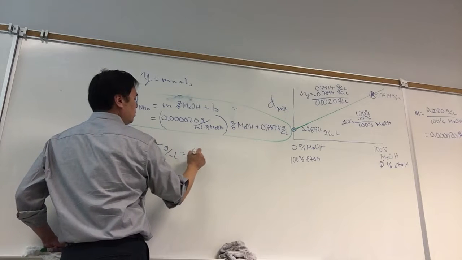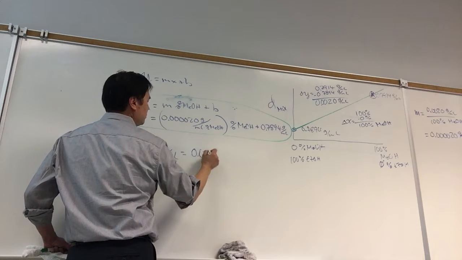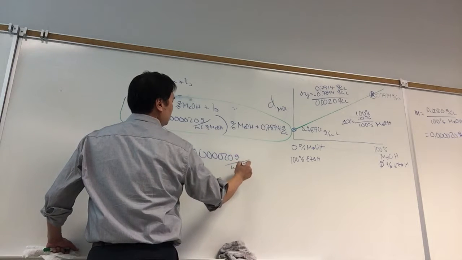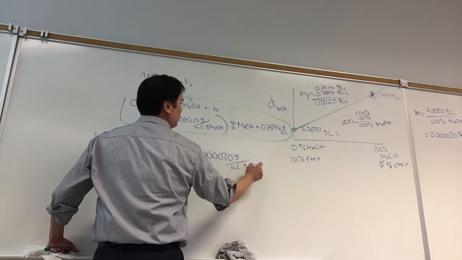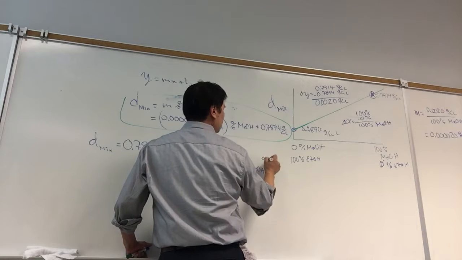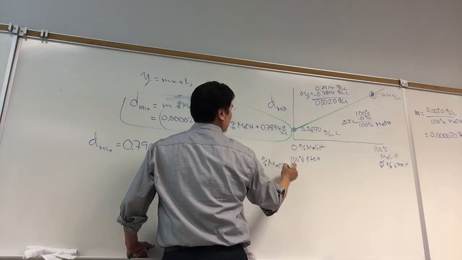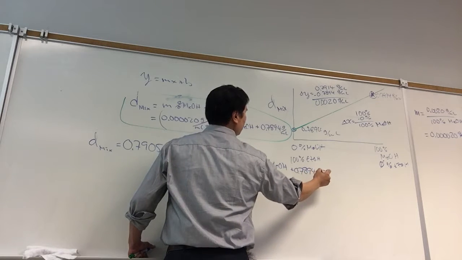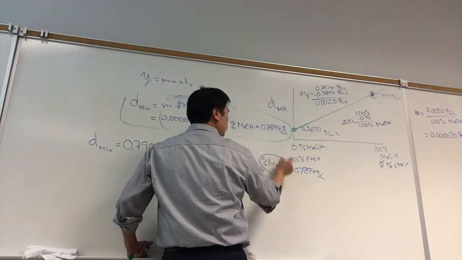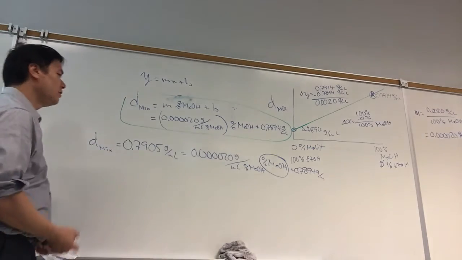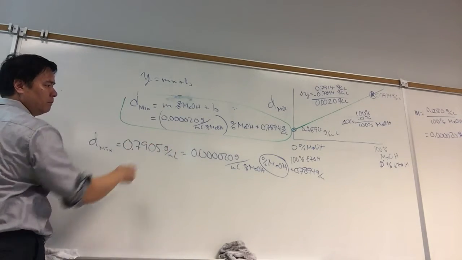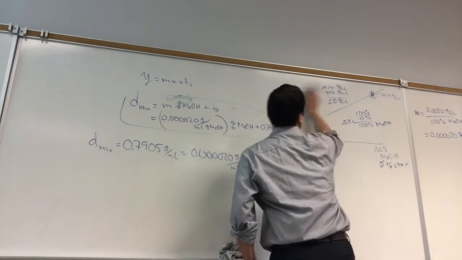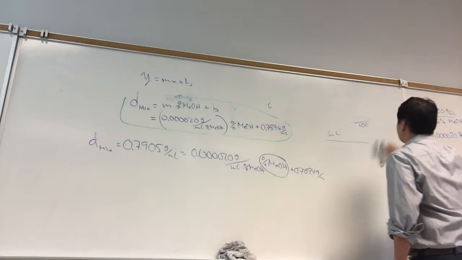This is equal to 0.000020 grams per milliliter per percent methanol, times percent methanol, plus 0.7894 grams per milliliter. We're solving for percent methanol. If we solve for percent methanol, then we're going to subtract that from both sides. Actually, we might not even have as many sig figs when we do the specific example here.